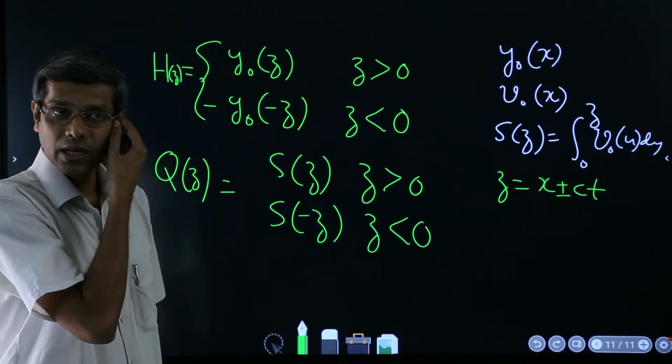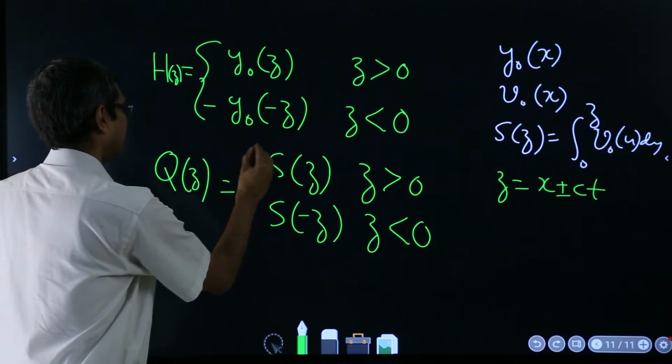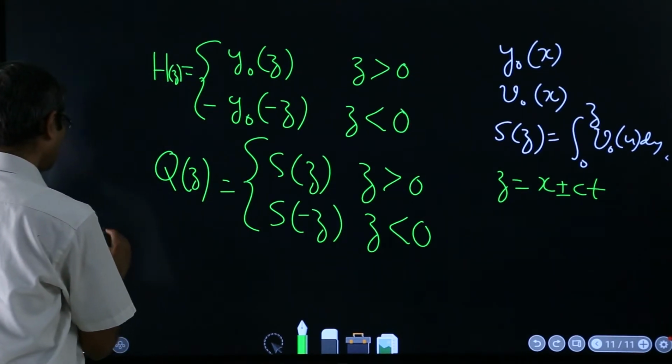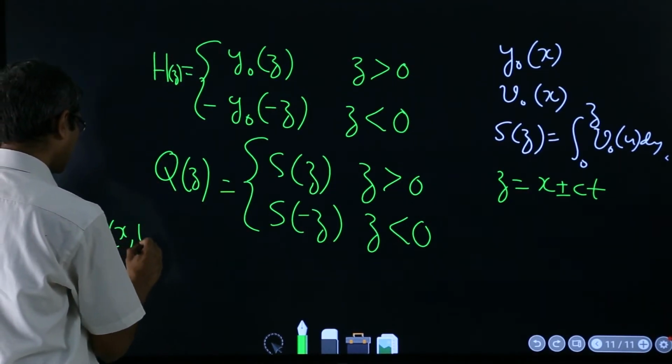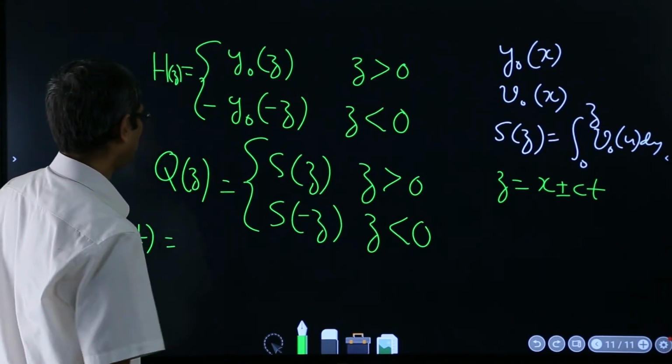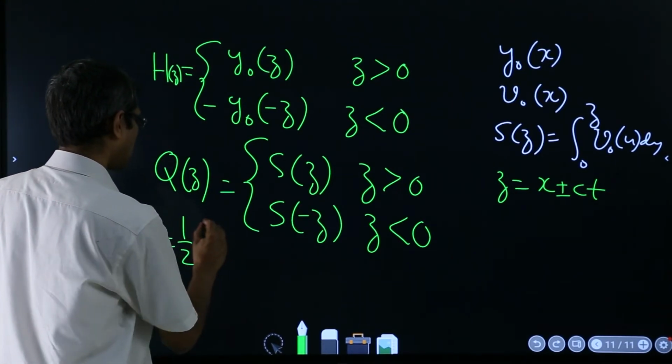Okay, now your y of x and t will be the usual way, half I am taking out.